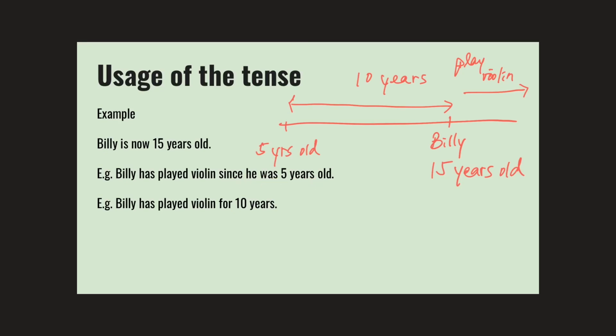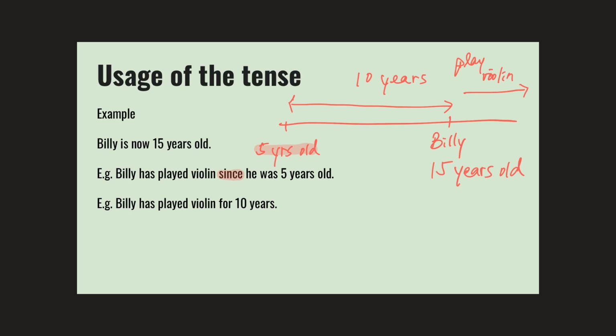So when we are using the time indicator since, we are looking at the starting point of an action. So he started playing violin since he was 5 years old. This is the point where Billy started playing violin, right?